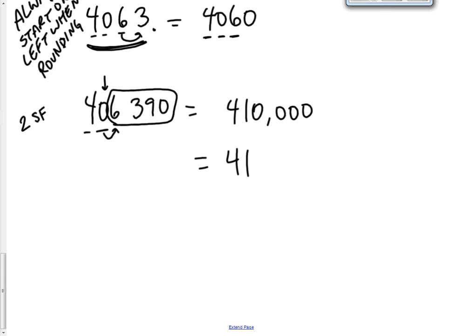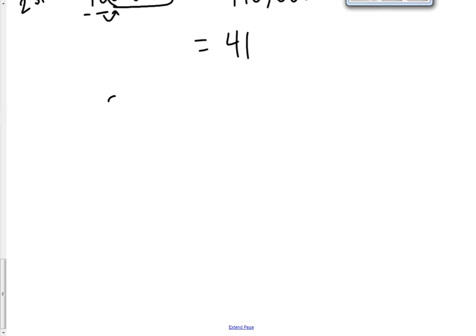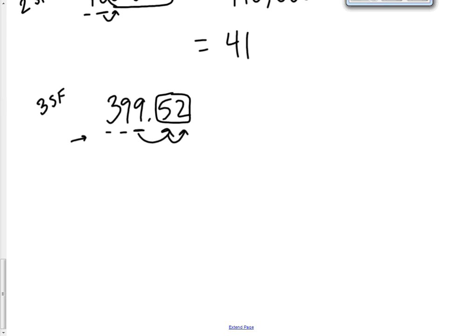Last one, we want 399.52, and we just want 3 significant figures again. So we're going to start on the left, work our way to the right. So we have 1, 2, 3. Here's our third significant digit. We're going to look to the 5. 5 tells us to look to the next number. The next number is a non-zero. So we're going to round up. Or we're going to look at these as a whole. So 52 is going to tell us to round up.